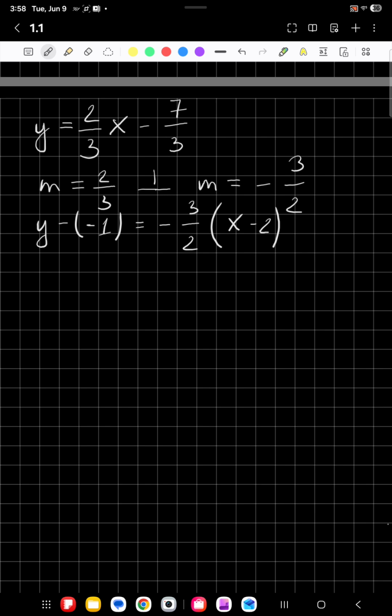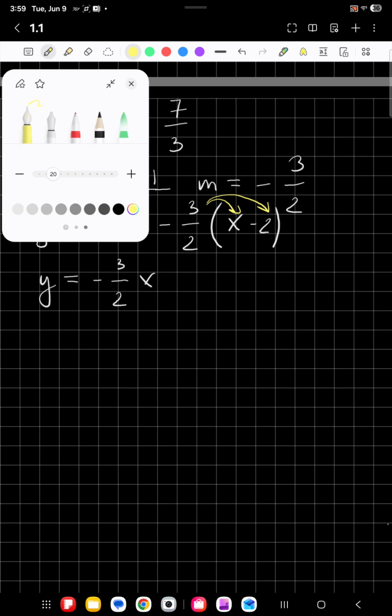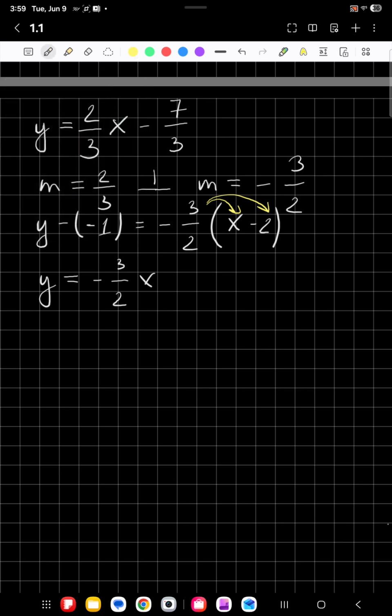Okay, so let's clean it up and finish it. So y equals, what do we have? -3/2 x. And I'm distributing that -3/2 to both. Okay, so what do we have? We have -3/2 x, and then it'll be plus, right?